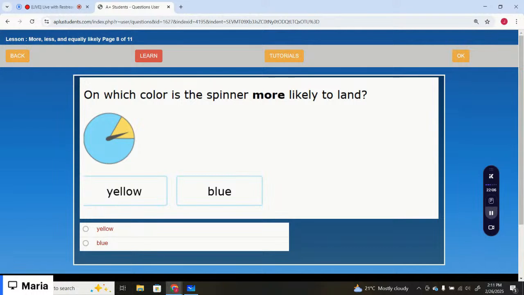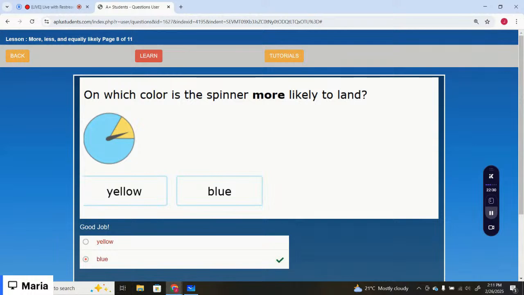On which color is the spinner more likely to land, yellow or blue? It will more likely land on blue.